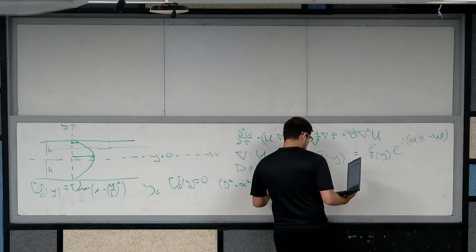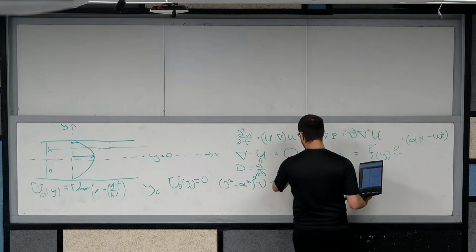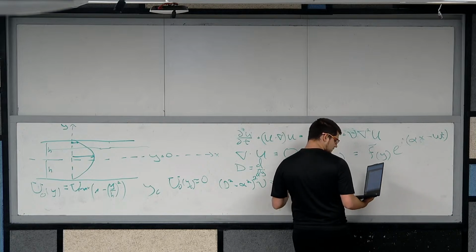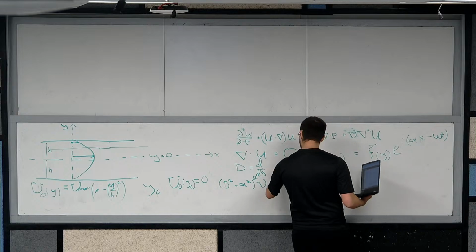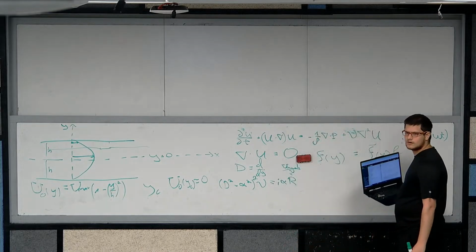So what we get is equal to i alpha R, where R is called the Reynolds number. It comes from the equation, and it's equal to u max h divided by nu.